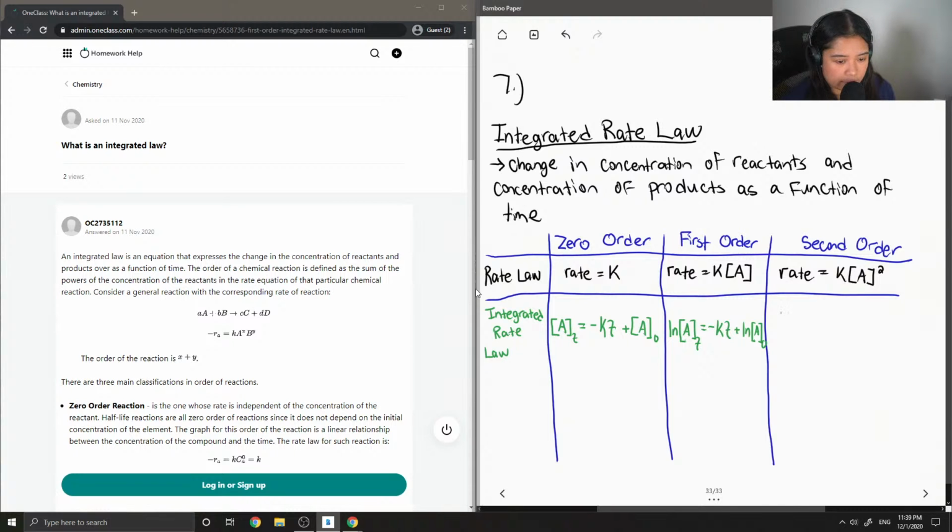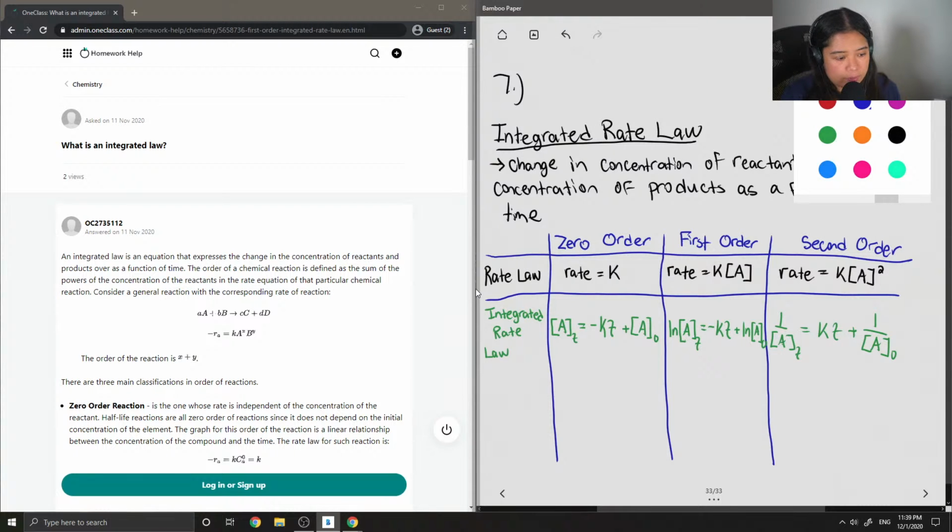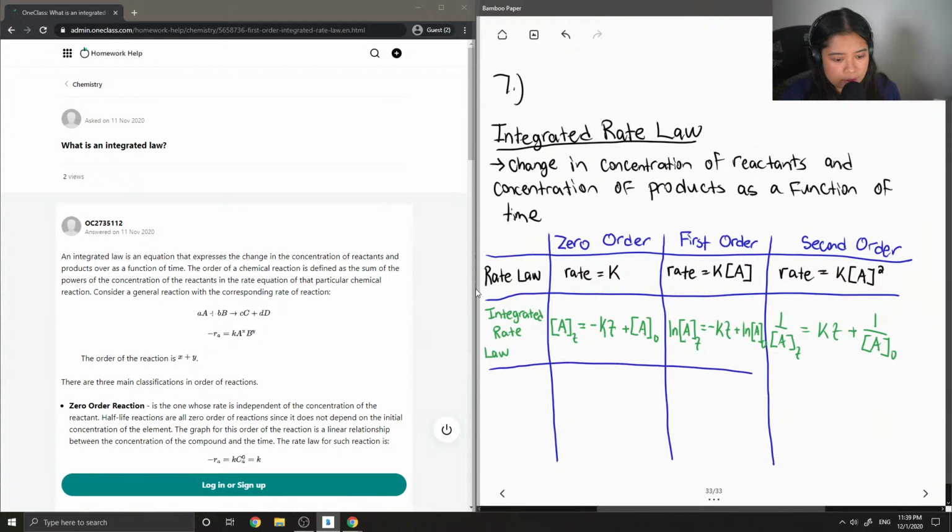And lastly, for our second order, it's 1 over our concentration of analyte at a given time is equal to Kt plus 1 over our initial concentration. So again, it follows a similar format, except this time we're looking at the reciprocals of our concentration, and also our Kt value isn't negative.